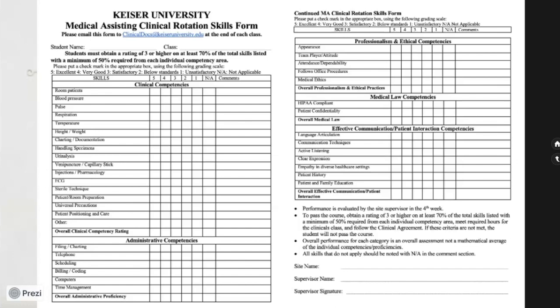That would allow you to meet the requirement of having 70% of the overall skills while having at least 50% from each area. That's just an example. The more skills you can cover, the better.